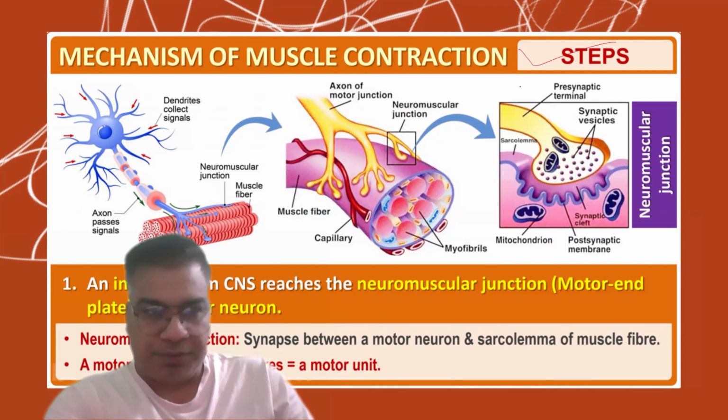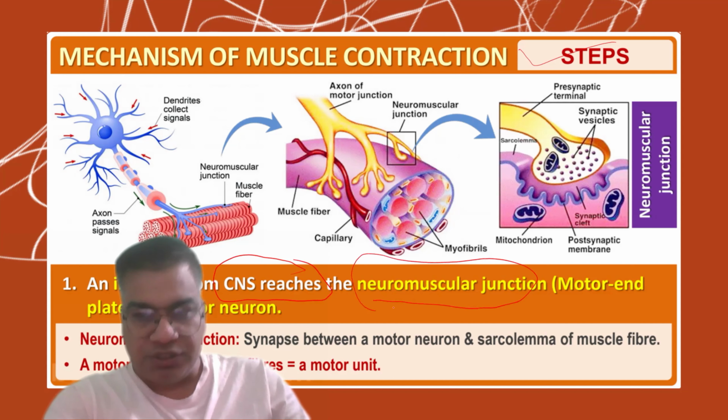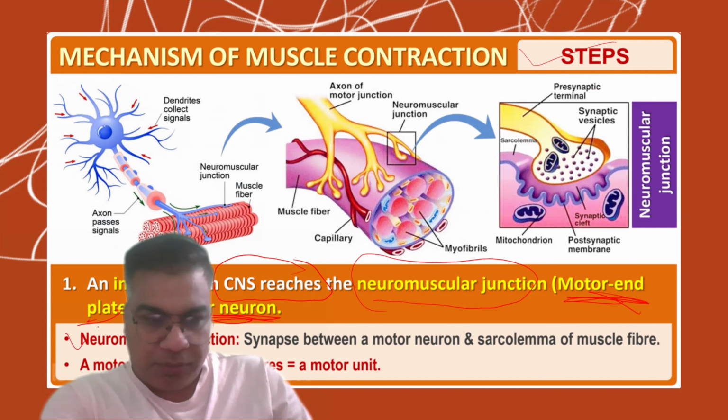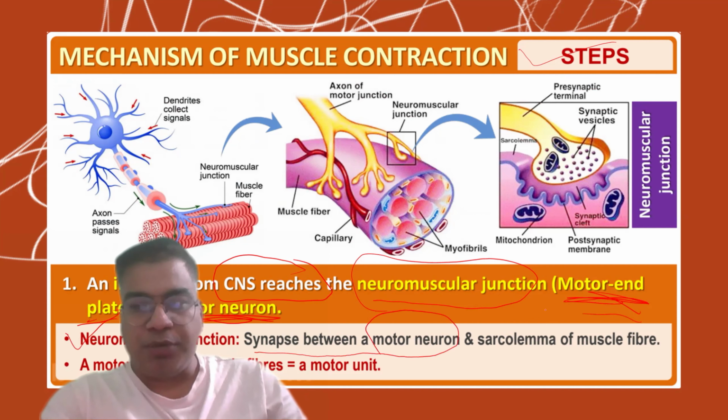So, various steps. An impulse from the CNS reaches the neuromuscular junction, basically at the motor end plate, via the motor neuron. We have studied that the neuromuscular junction is a synapse between the motor neuron and the sarcolemma of the muscle fiber.